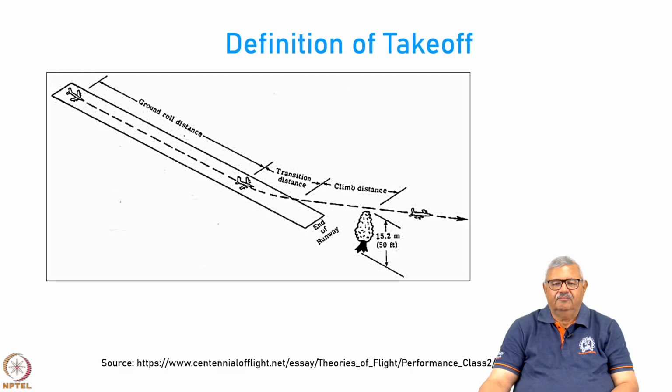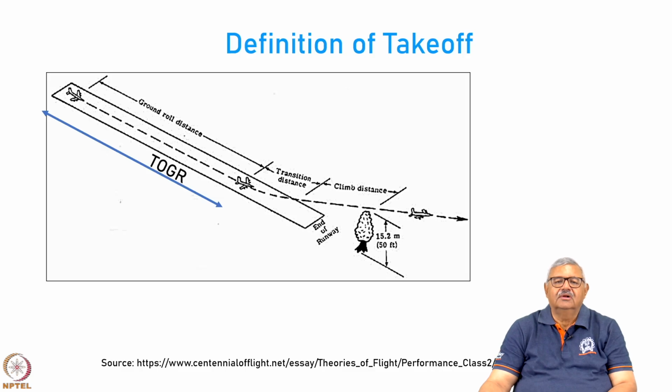Takeoff consists of basically these three segments: the ground roll distance, the transition distance, and the climb distance. Takeoff starts when the aircraft is at rest and given the permission to proceed. The ground roll distance or the takeoff ground run, called TOGR, is the distance on the ground from the starting of the rolling of the wheels to the place where the aircraft leaves the ground.